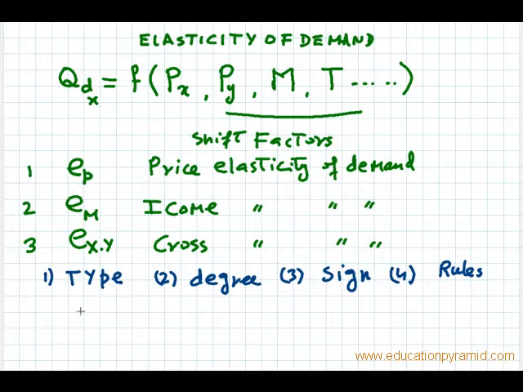In our previous lesson, we have seen that elasticity in general terms has 3 degrees. Number 1, elasticity is equal to 1, elasticity is less than 1, and elasticity is greater than 1.